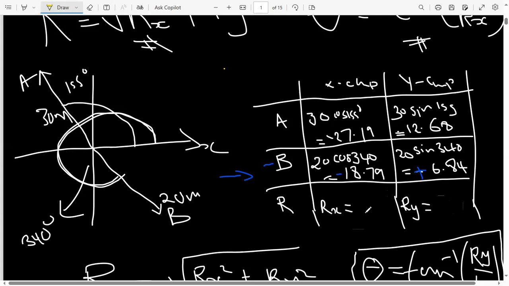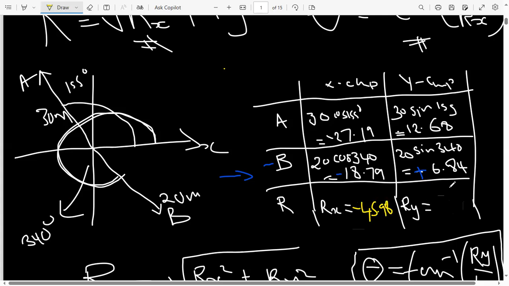So we have now minus 27.19, and then we have minus 18.79. When you do that, you're going to get minus 45.98. So this here will be minus 45.98.